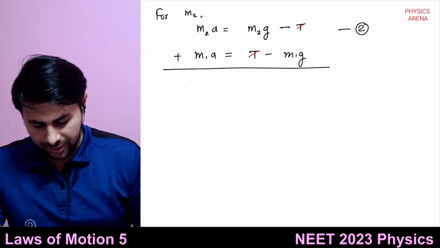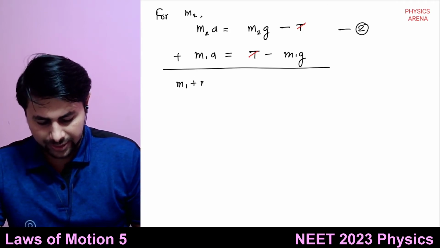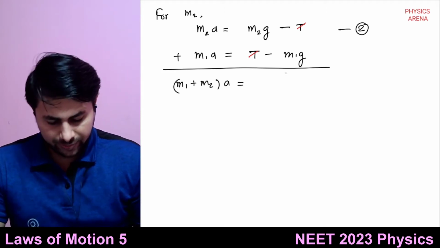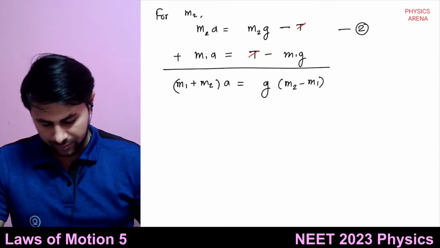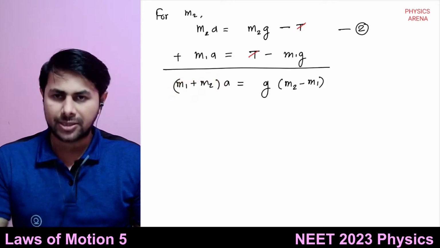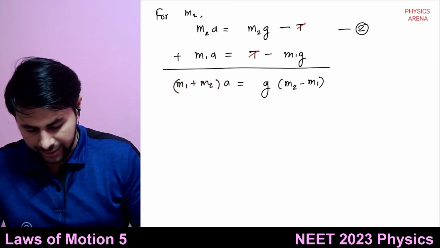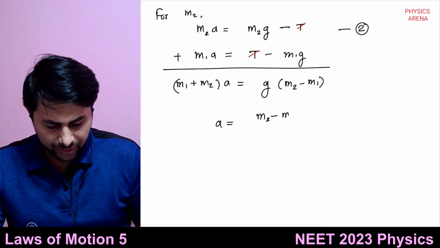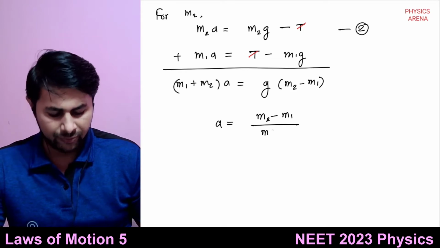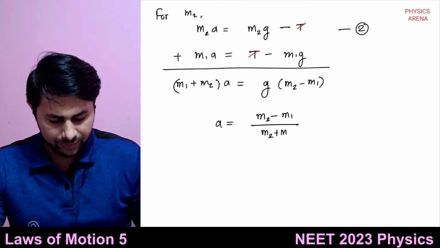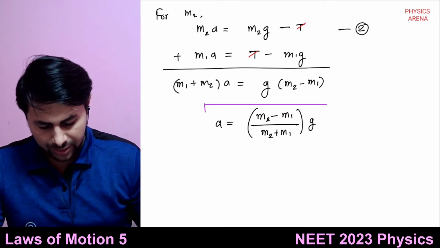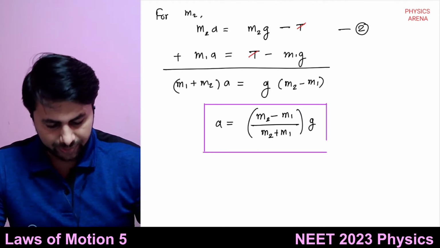On the left hand side we have m1 plus m2 multiplied by a, and on the right hand side I can take g common, so it is m2 minus m1. If I move m1 plus m2 to the right hand side, I get the acceleration a equals m2 minus m1 divided by m1 plus m2, multiplied by g. So this is the standard formula that we'll remember.